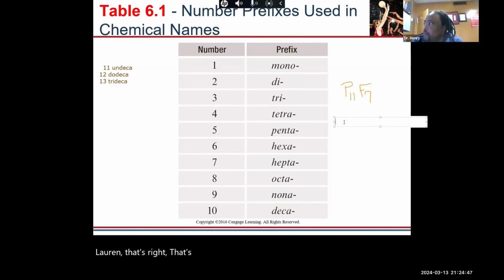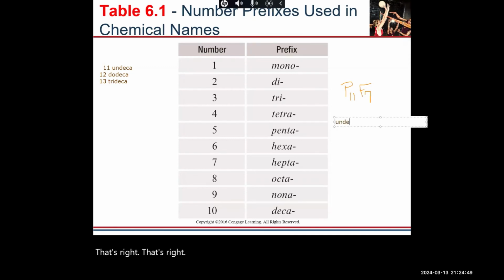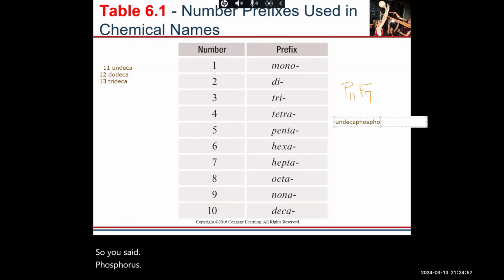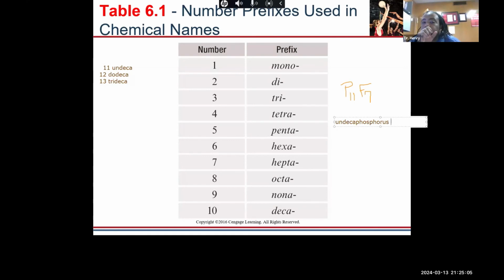That's right. And 7 would be hepta. But wait, do you only use the Greek prefix for the first element? No, you use the Greek for both of them. Oh, for both.